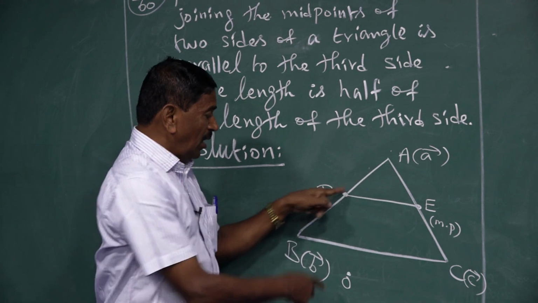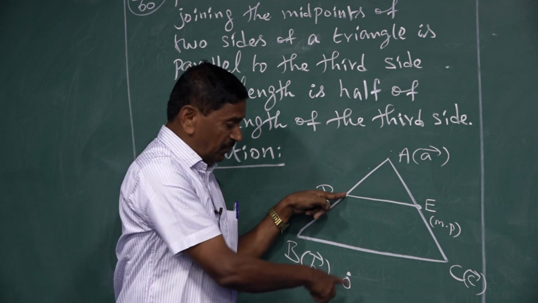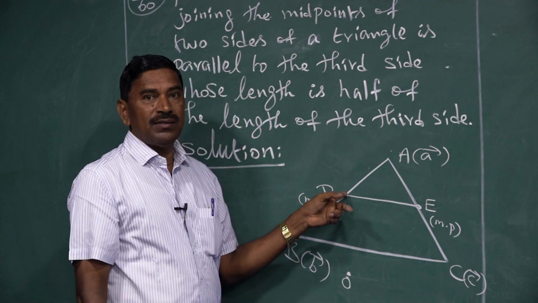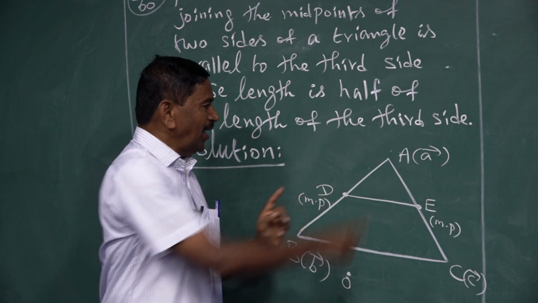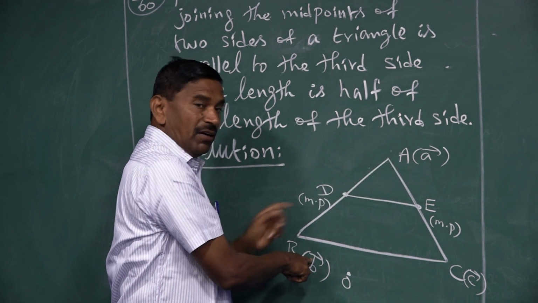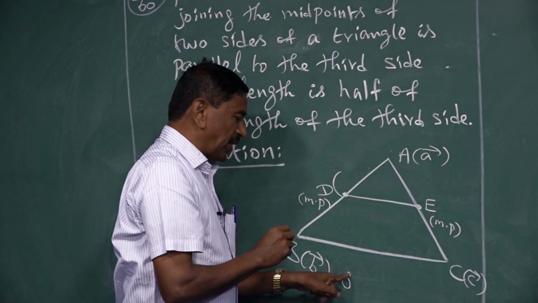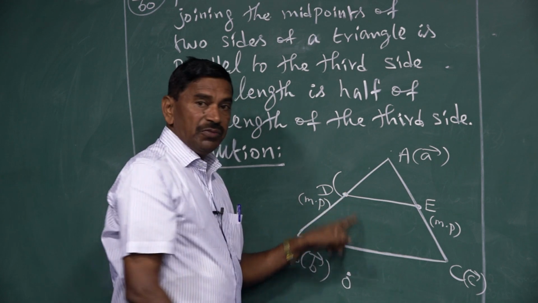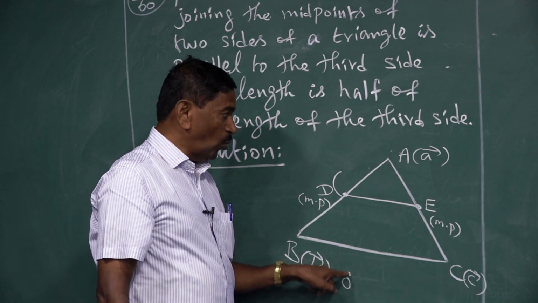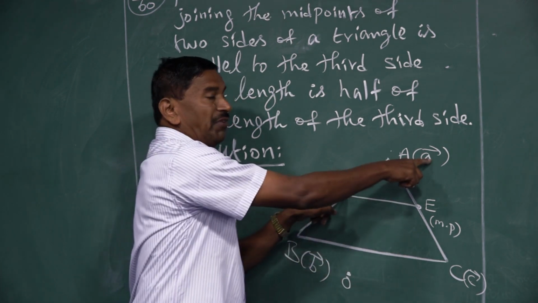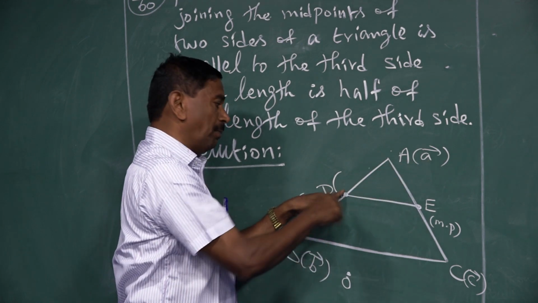Okay, can you tell me the position vector of D with respect to origin O? Yes. The position vector of D with respect to origin O is OD vector equal to a vector plus b vector by 2.